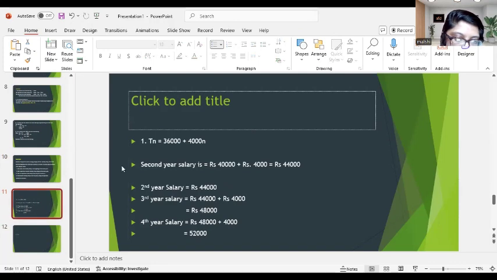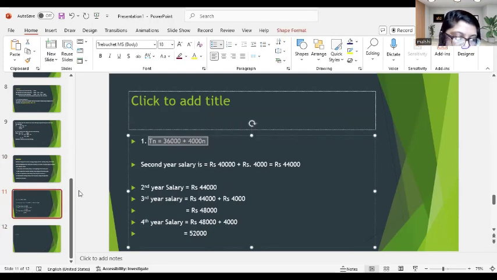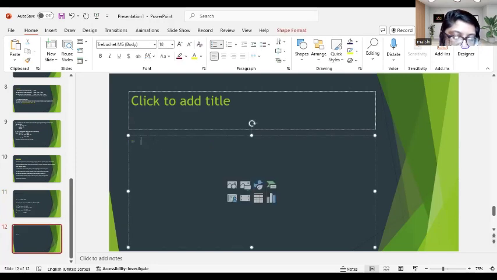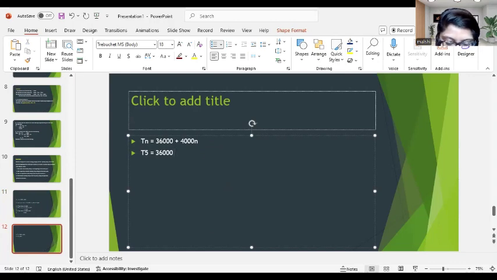T5 equal to this term, Tn. You already found the general term. Then we can apply this Tn. You can substitute n with 5. Therefore, you can find his fifth salary like that.